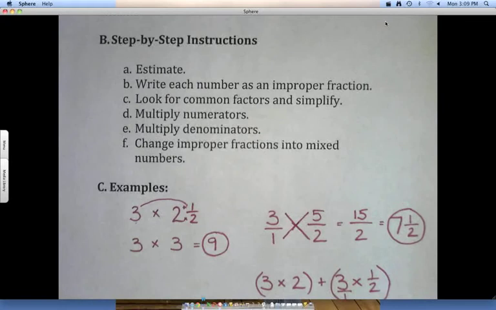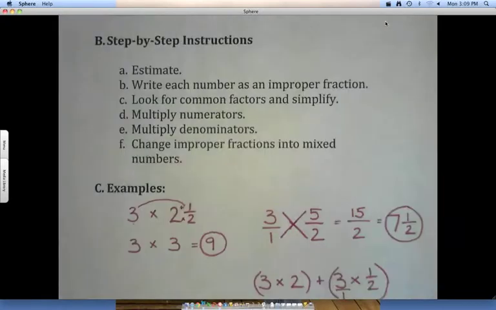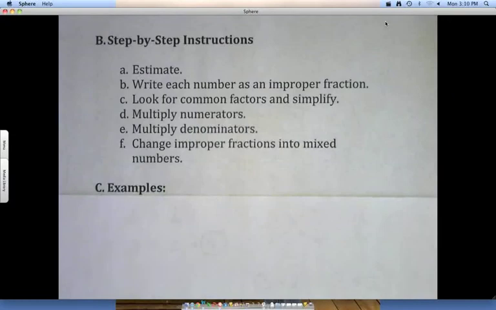Now, I'm going to go over a couple more examples with you so that you are able to see a couple more problems written. Let's start with 3 1/12.